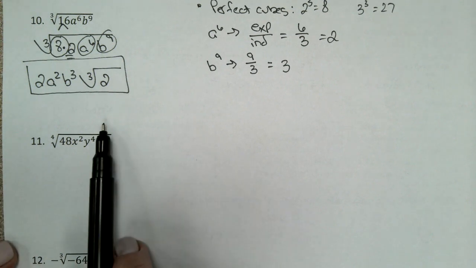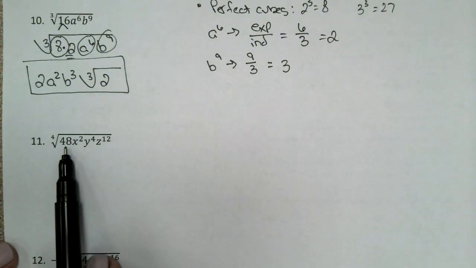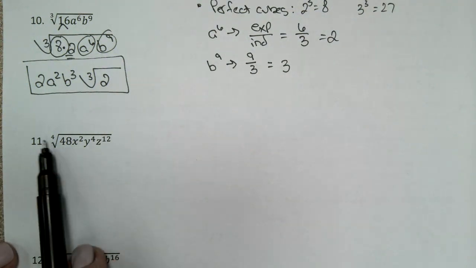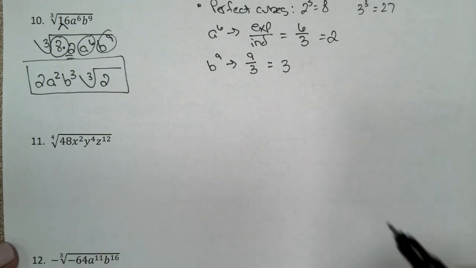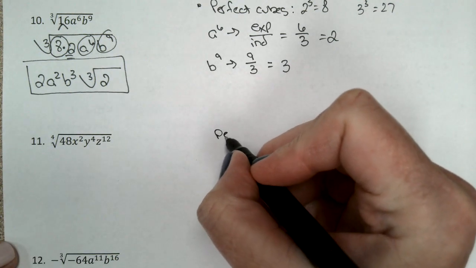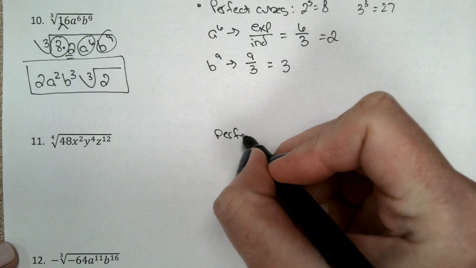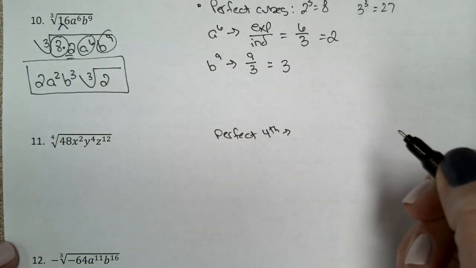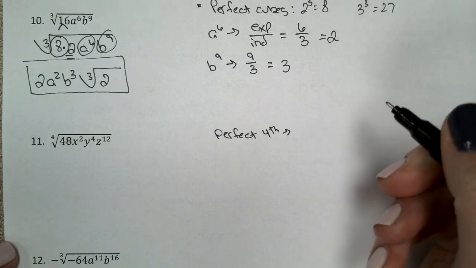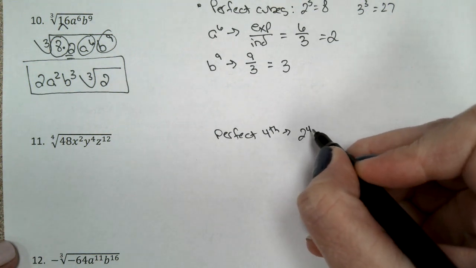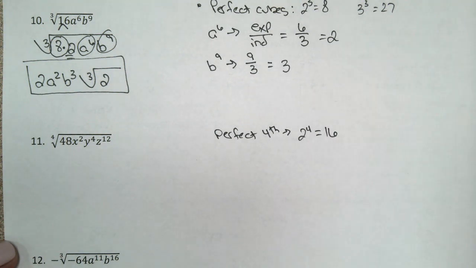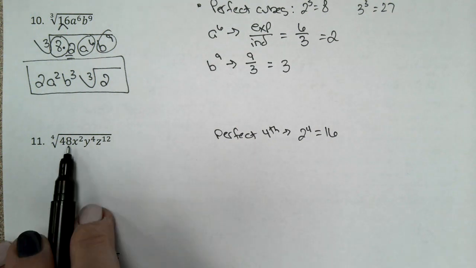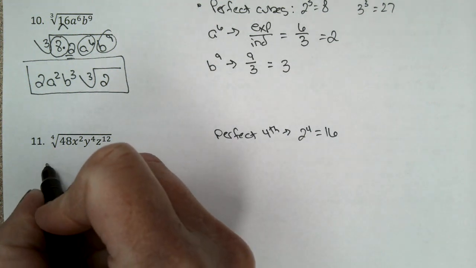Number 11. I have a 48 here with an index of 4. So what are my perfect fourths? Let's see. So 2 to the 4th equals 16. And I do know that 16 goes into 48 3 times.